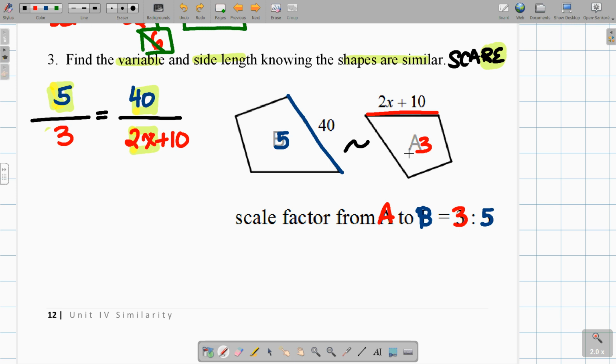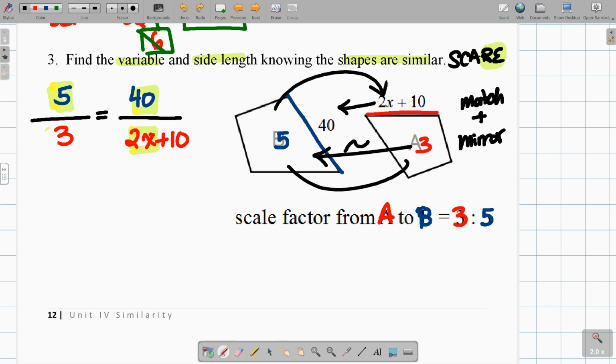I could have also gone this way if I wanted to. It really doesn't matter, but what does matter is you must match the appropriate sides and mirror the direction, which means if you start left to right, finish left to right. If you start right to left, finish right to left. Now we simply cross multiply.